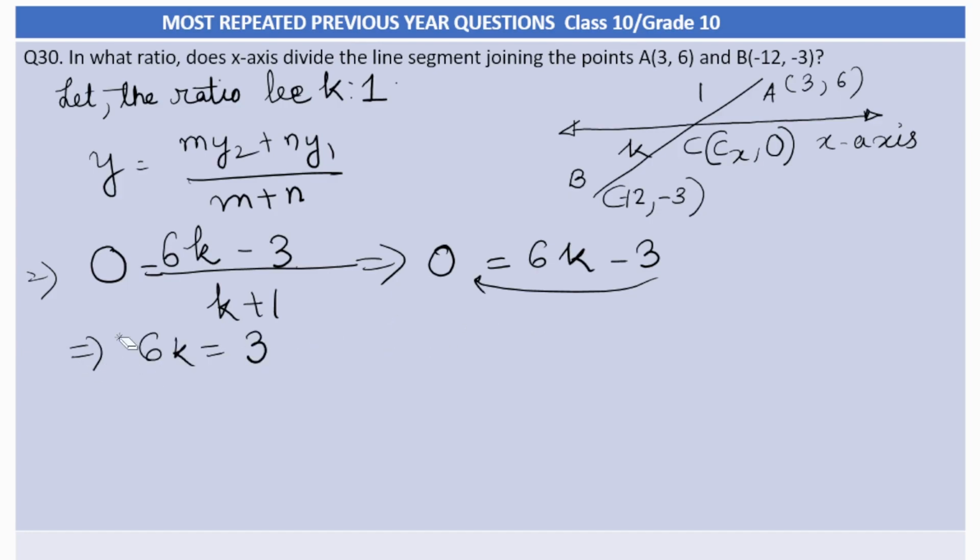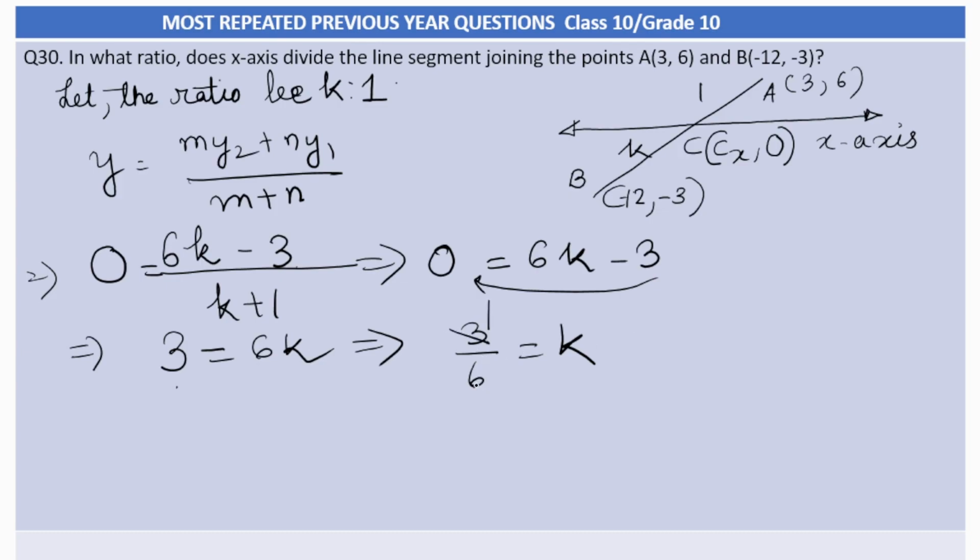You can write this way or the opposite way, one and the same thing, because it is one equation. 3 equal to 6k also you can write. If you are confused, I just made this minus 3 come to the left hand side, so it became 3 equal to 6k. So k will be equal to 3 by 6, because 6 is multiplied here; if it goes to the other side, it will get divided.